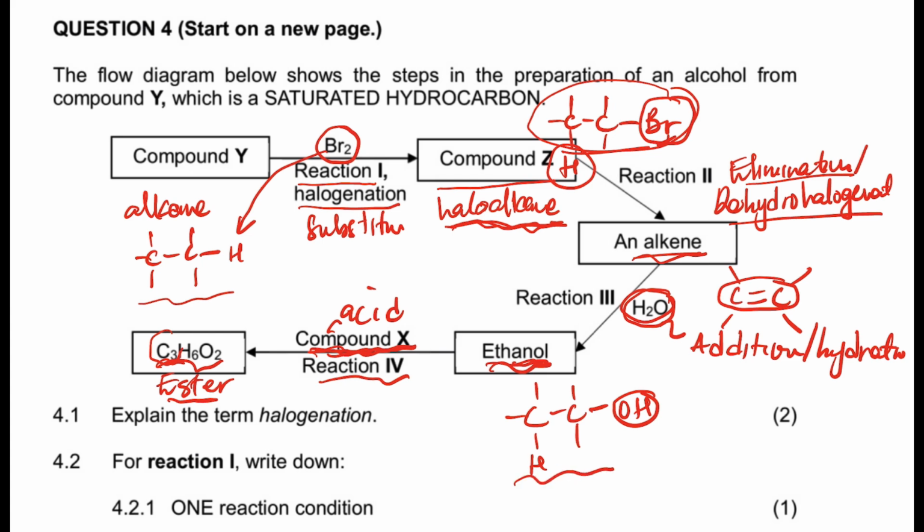So that means the acid that is added is methanoic acid, an acid with 1 carbon. When you add methanoic acid to an alcohol, it will give you this ester.